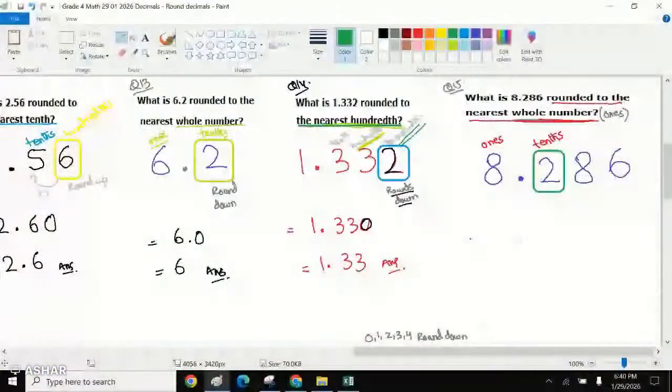What are we focusing on? In 8.286, they're asking us to make this number a whole number, right? This is the whole number position, right? So we look at the tens position. What will 2 do? 2 will round down.